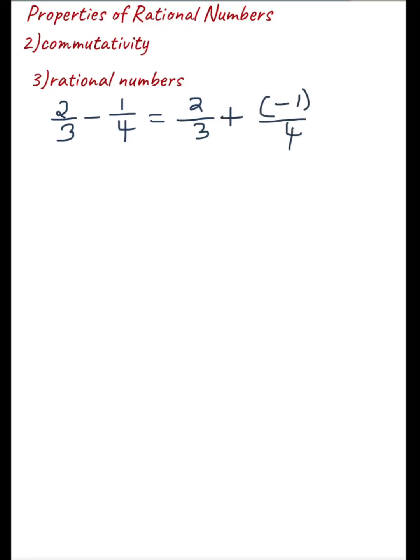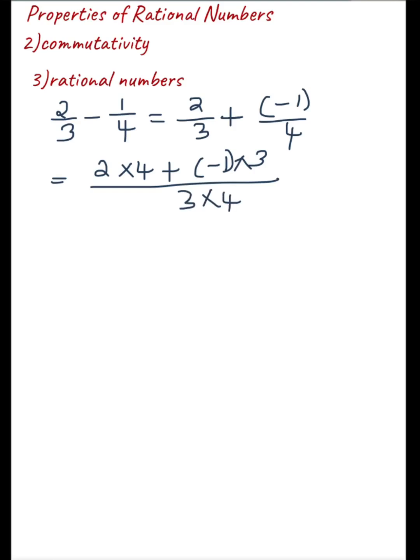If you cross multiply it, you will get 2 into 4 plus minus 1 into 3, divided by, in the denominator, 3 into 4. So this will be 8 plus minus 3, divided by 3 into 4, which is 12. 8 plus minus 3 is 5 divided by 12.